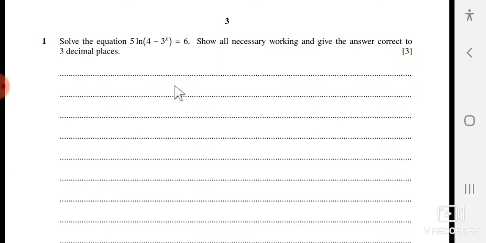On both sides your equation becomes ln (4 minus 3^x) whole power 5, and on the other side ln e^6. I think you got it and there is no confusion. Then you can cancel ln on both sides, and the question becomes very simple and you can do it simply as you wish. This way you can get your answers.